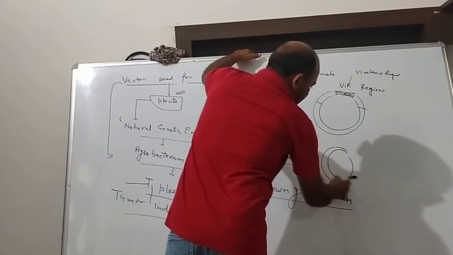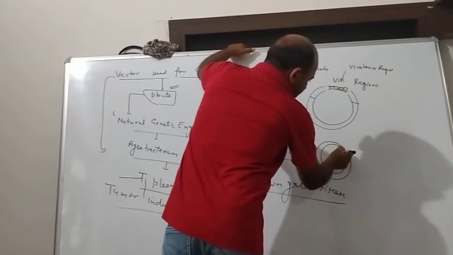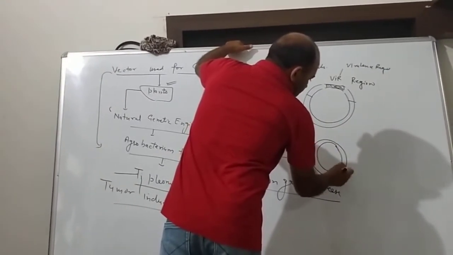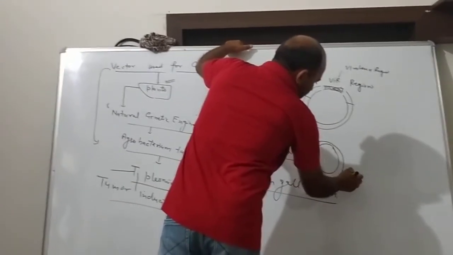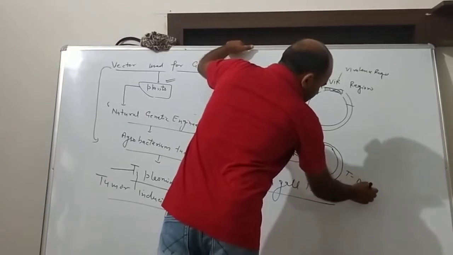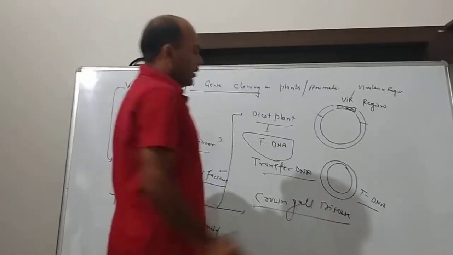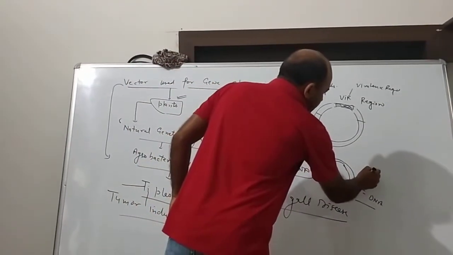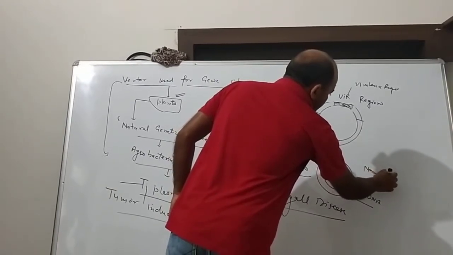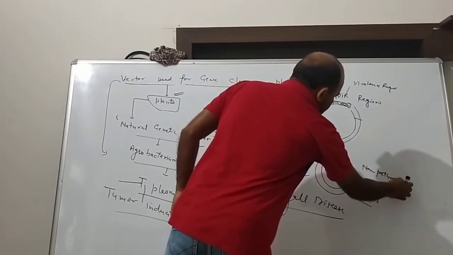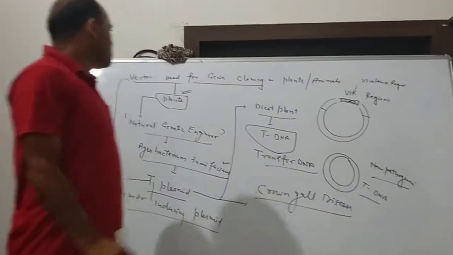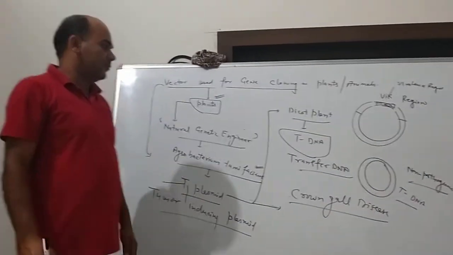Now this DNA, the tDNA, is non-pathogenic and can be used as a vector in a plant.